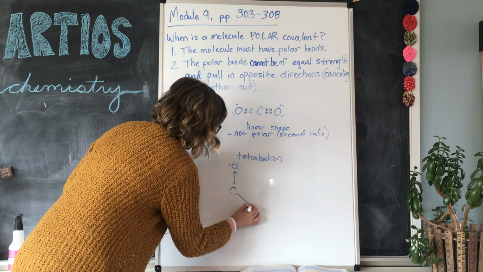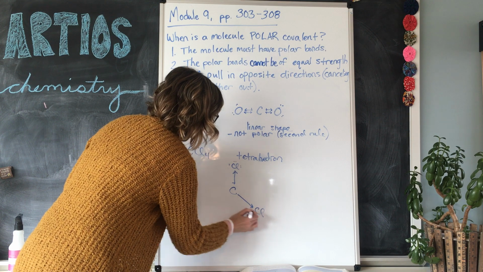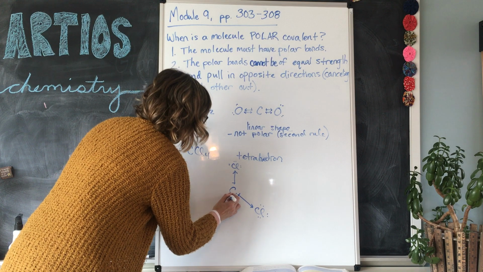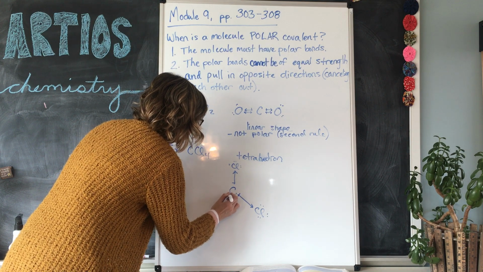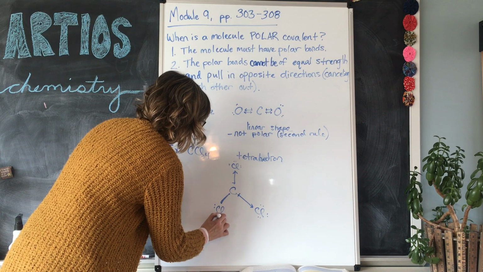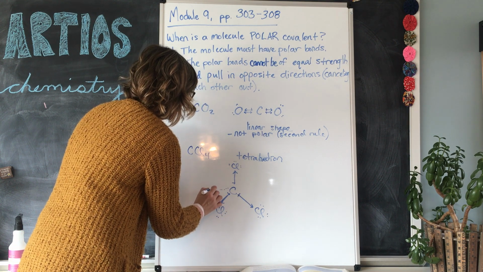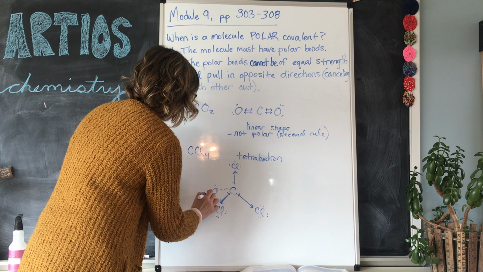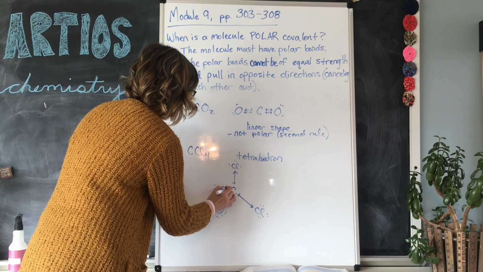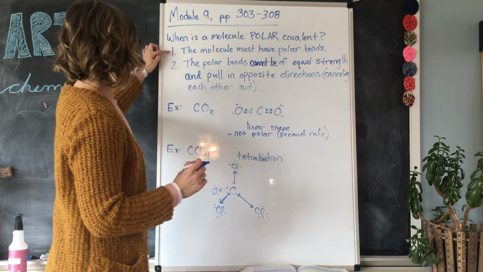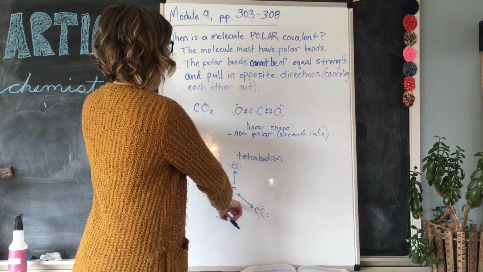And we have another one coming down this way towards Cl, and we have one coming out toward us, and we have one going behind it. Okay, so there we have labeled our polar bonds on the molecule. So yes, the molecule does have polar bonds.